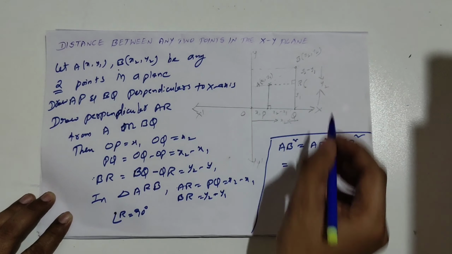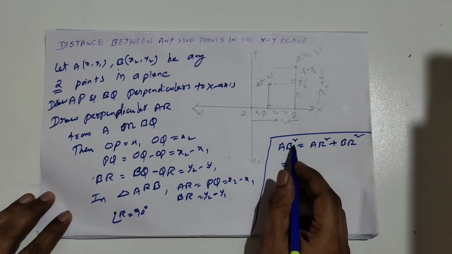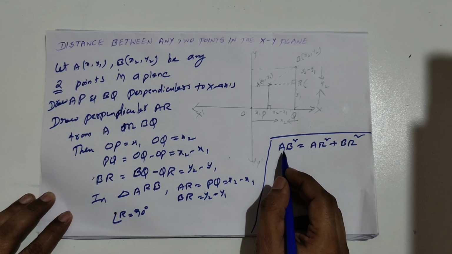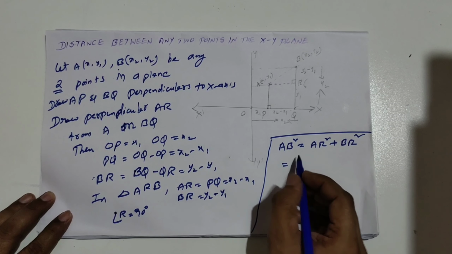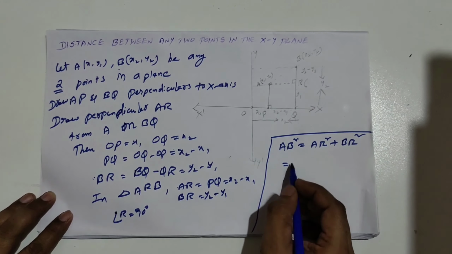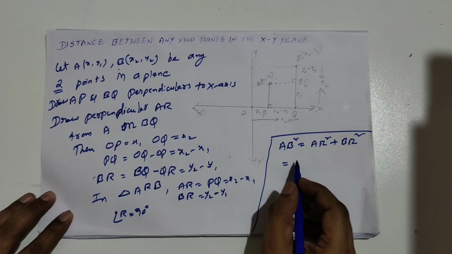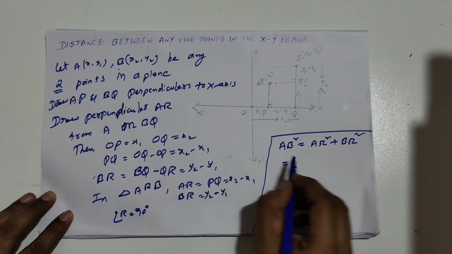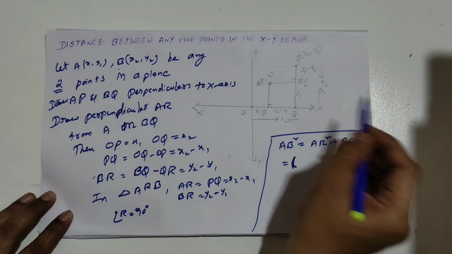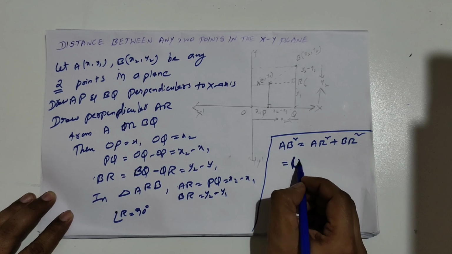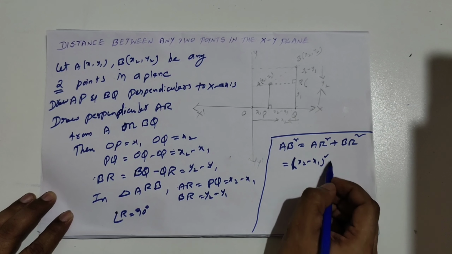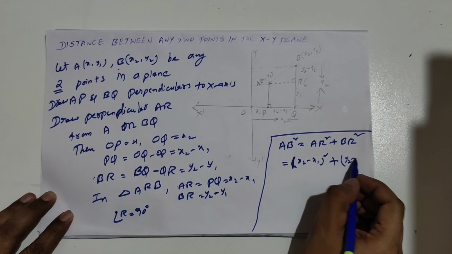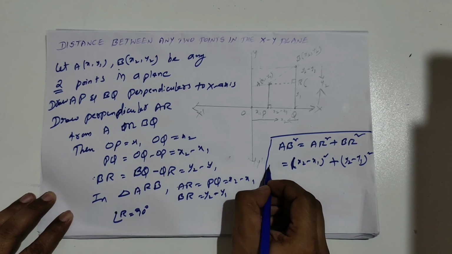So the distance between A and B is AB square, that is the square of the distance between the 2 points. Then AR square is x2 minus x1 whole square, plus BR square is y2 minus y1 whole square.